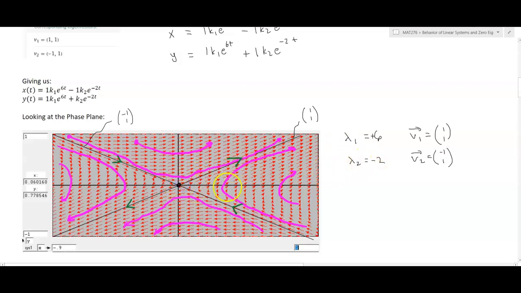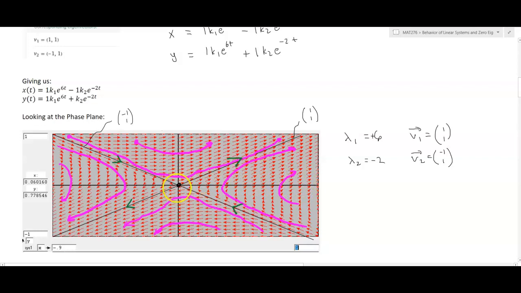Negative eigenvalues cause solutions on the straight lines to flow in towards the equilibrium point. If both of these were negative eigenvalues, all the arrows would point inwards, and all of these vectors would cause solutions to come in towards the origin. If both of these were positive, then all of the eigenvectors would have arrows that point outwards, and all the solutions would immediately move away from that equilibrium point.